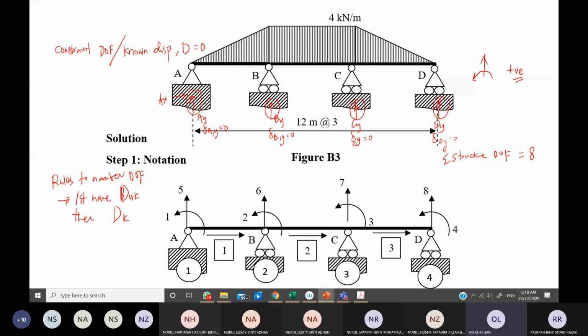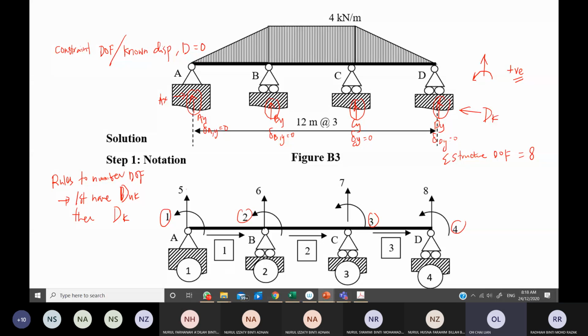So you know that the circle arrows are all non-displacement; therefore these will be the unknowns, 1, 2, 3, 4. You name them first. Then only you name the remaining 5, 6, 7, 8. Are you clear, class?